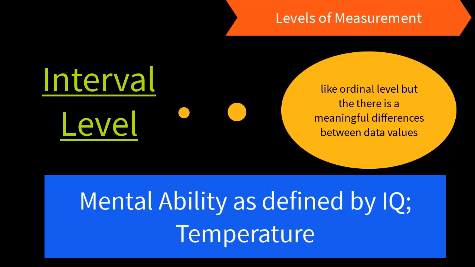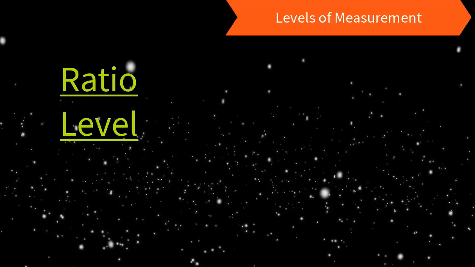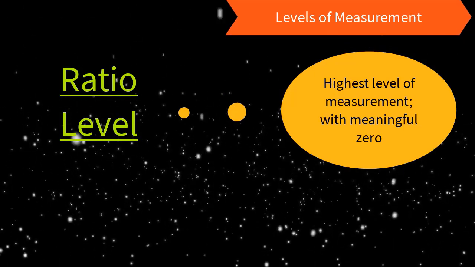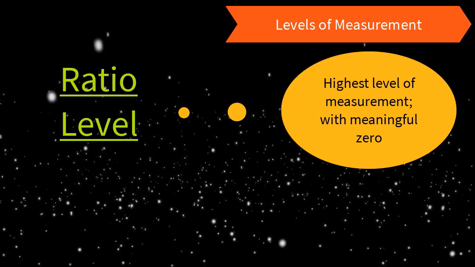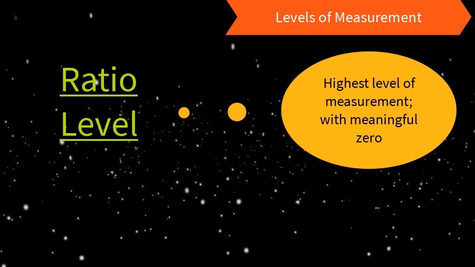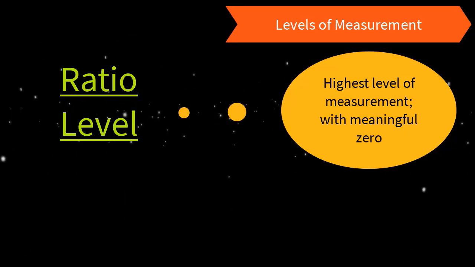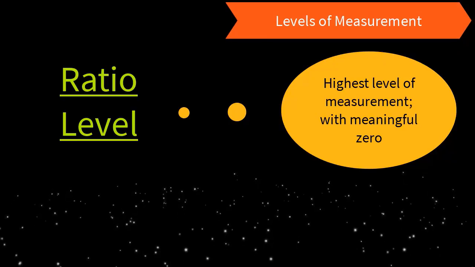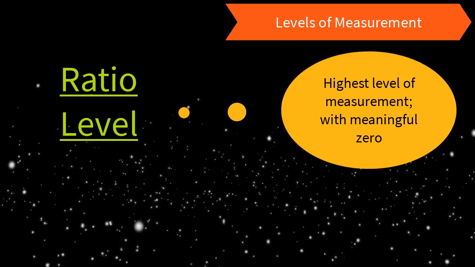Number 4, and the last level is the ratio level. It is the highest level of measurement. This ratio level is similar to the interval, but it includes an inherent 0 as a starting point for all measurements. It means that 0 on the ratio level is meaningful.